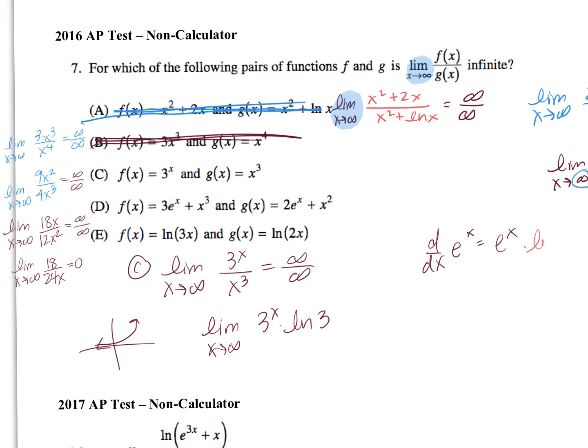Technically, it's times ln of e, which is just 1, so we haven't had to worry about it. It's always ln of that base. What's the derivative of that bottom going to get us? 3x squared.